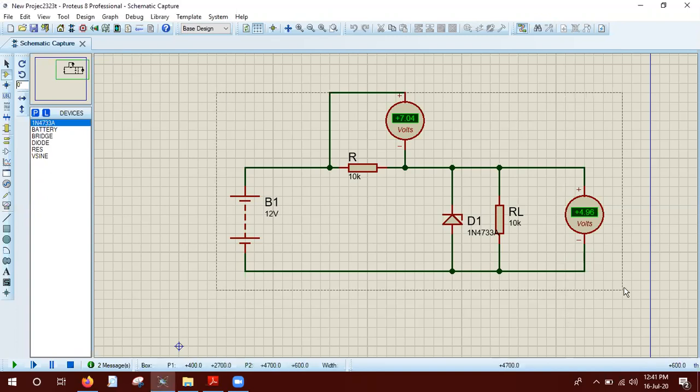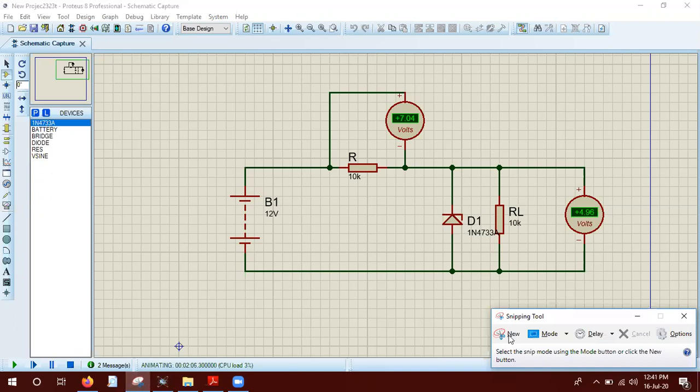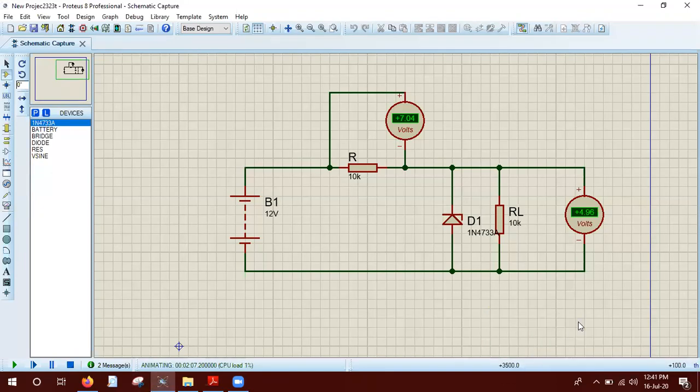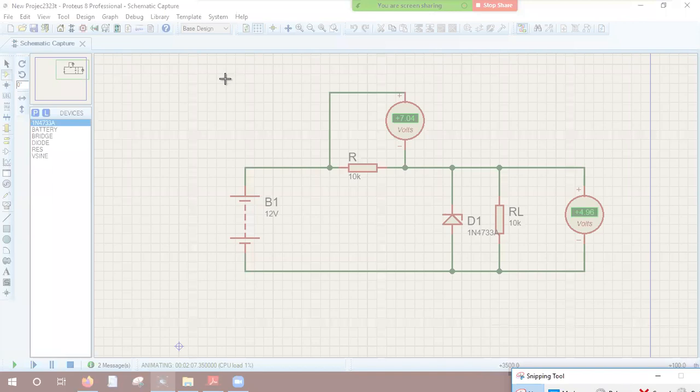So let me remove everything. Okay, before removing, let me take a picture for your future reference. Then we'll discuss the importance of the current rating, because before starting we said that the Zener diode has two parameters. One is the Zener voltage and one is the maximum current, the IZM.